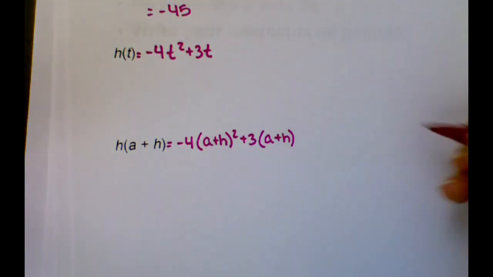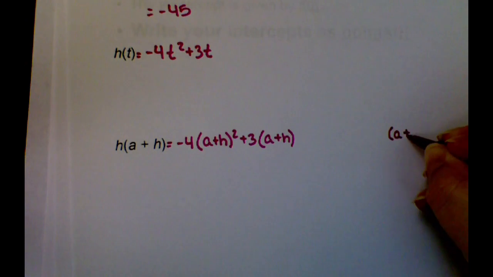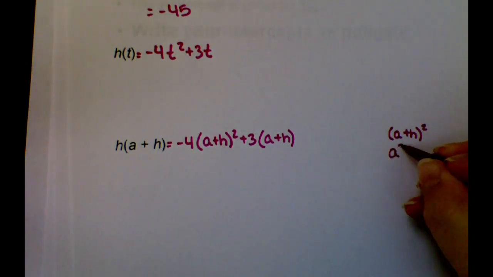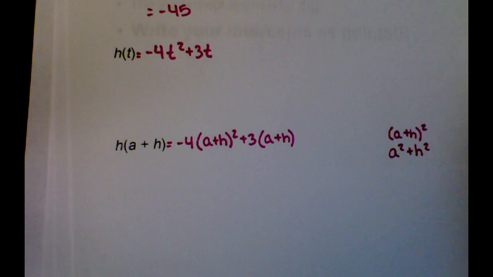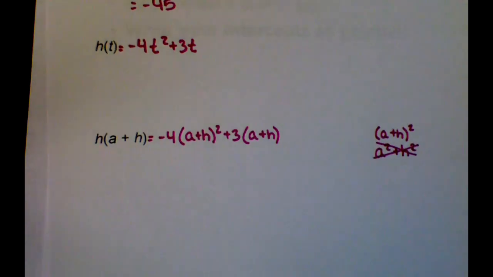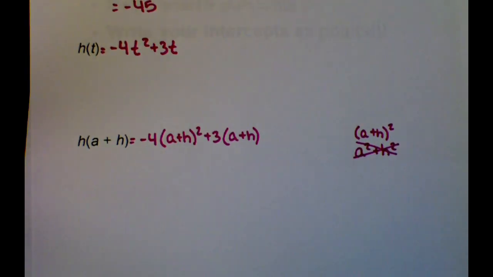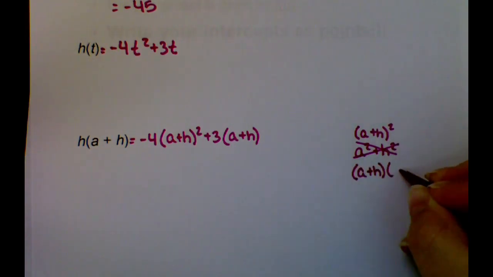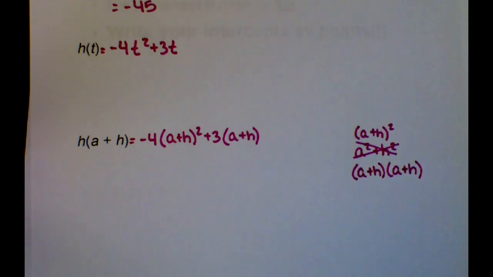So let's square out a plus h. One of the most common things I see is that people try to tell me this is a squared plus h squared. No, no, no, no, no. It is never a squared plus h squared. You do not distribute a square into adding and subtracting. It's better to write it out twice and then remember that we have to FOIL.